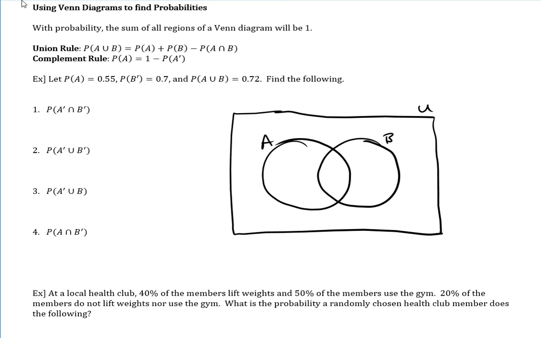So they're telling us we have some information that they didn't give us that we need to figure out first. Here's where we can instantly use the complement rule. If the probability of not B is 0.7, that means the probability of B must be 0.3.